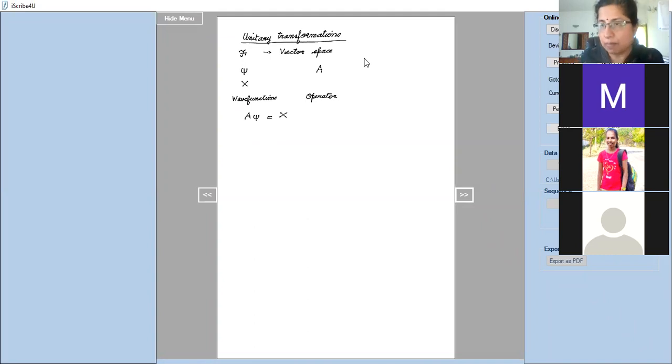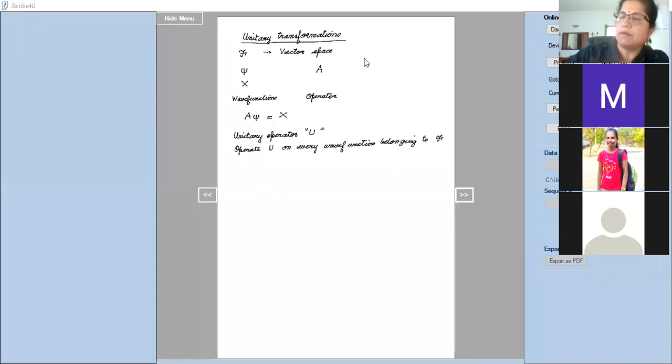Now let's start talking about unitary transformations. So what are unitary transformations? You will take a unitary operator, let us call it U, and you operate U on every wave function belonging to this vector space.